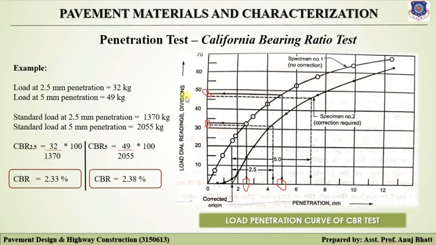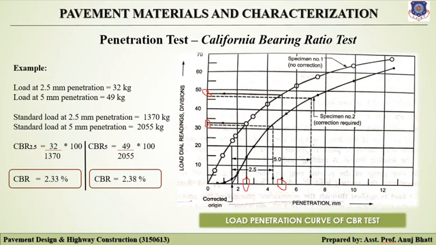49 kg. Now the standard load, as we have already mentioned, for 2.5 mm penetration is 1370 kg, and the standard load at 5 mm penetration is 2055 kg. According to that, we apply these values to the CBR formula.